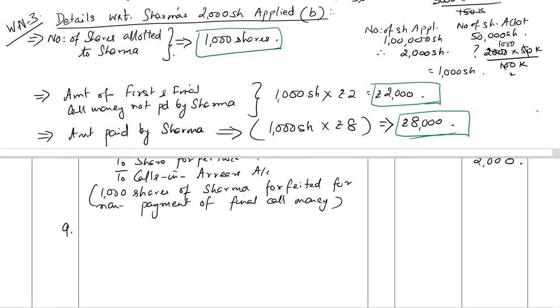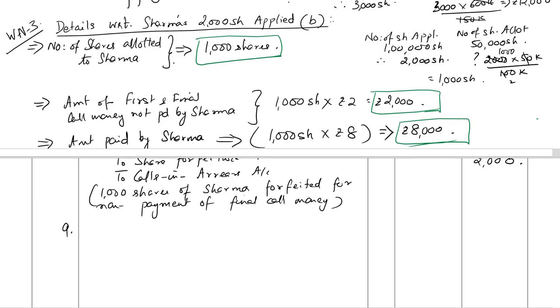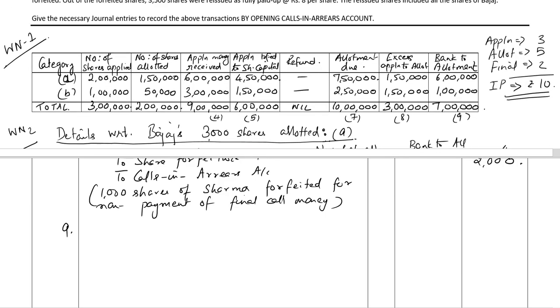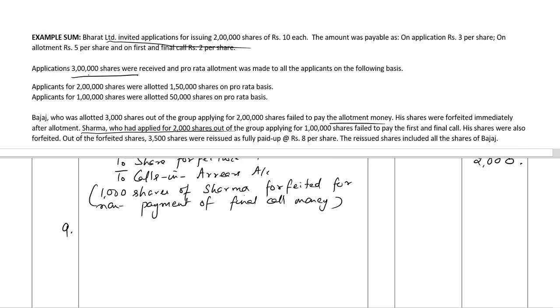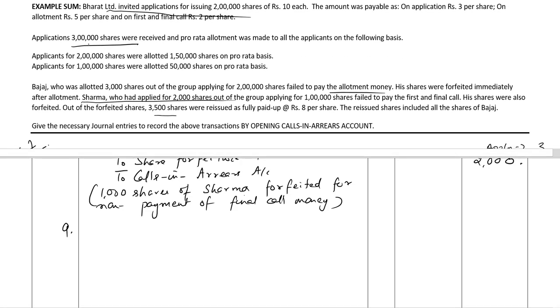The ninth entry, we will reissue the shares. We'll go back to the question. It says 3,500 shares were reissued as fully paid up at rupees 8 per share. So it's reissue at discount.